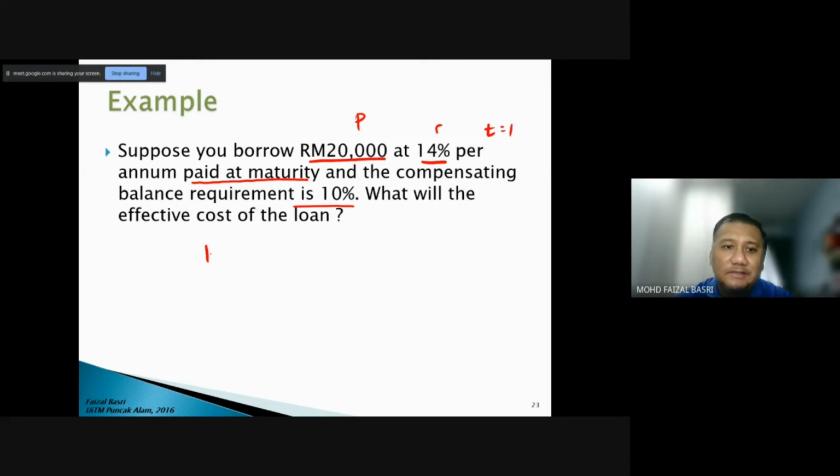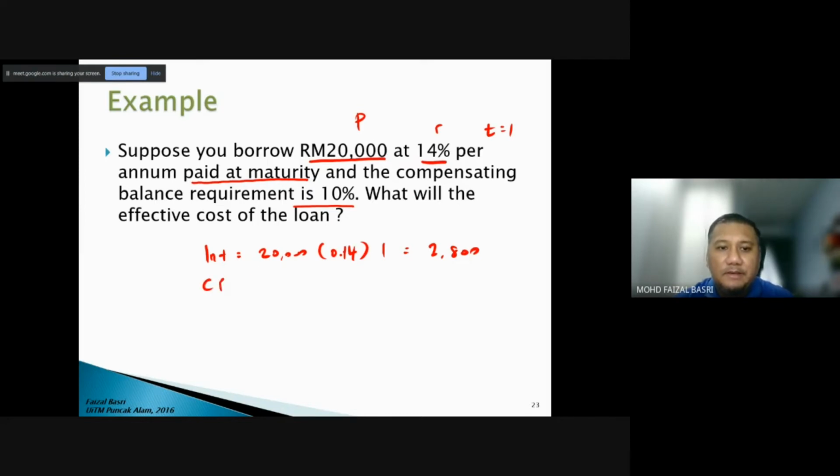Okay, always start with interest. So your interest is 20,000 ringgit principal, rate is 14%, and for 1 year. So you have 2,800 ringgit interest based on this.